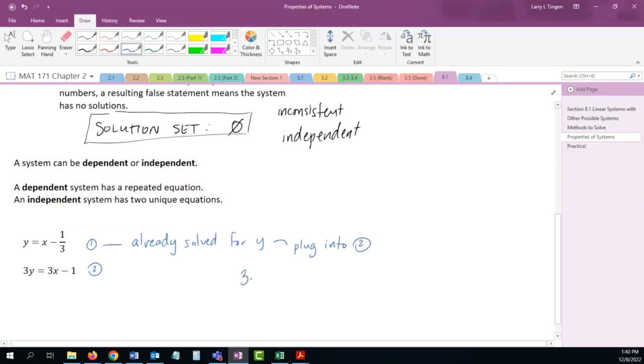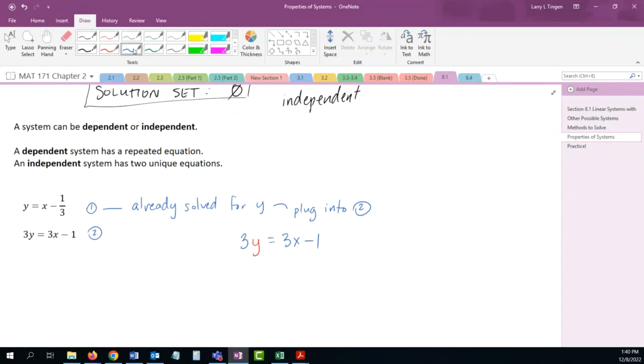So equation 2 says 3y is equal to 3x minus 1. Well, from equation 1, I know that y can be rewritten as x minus 1/3. Distribute the 3. 3x, 3 times -1/3 is -1, equals 3x minus 1.